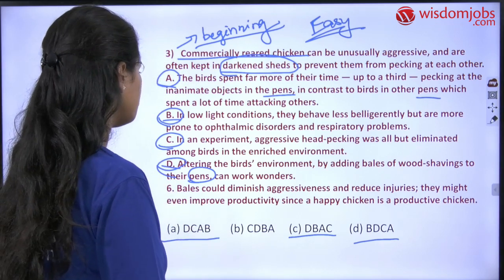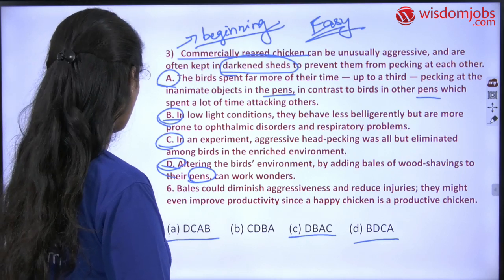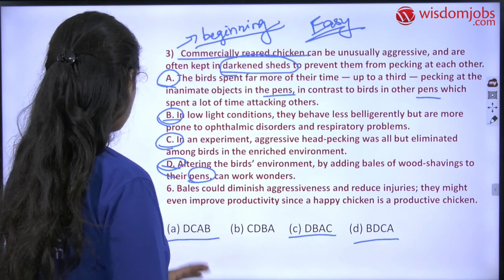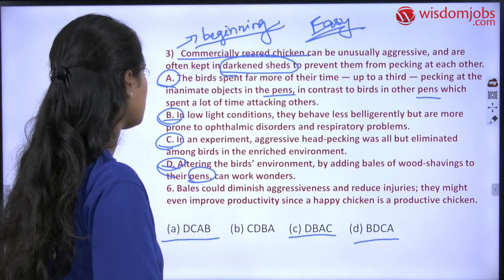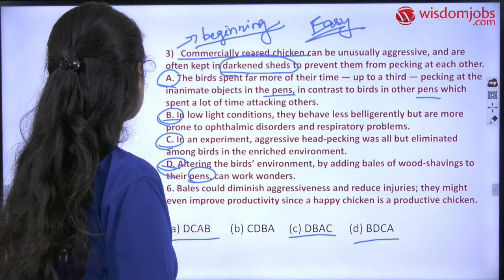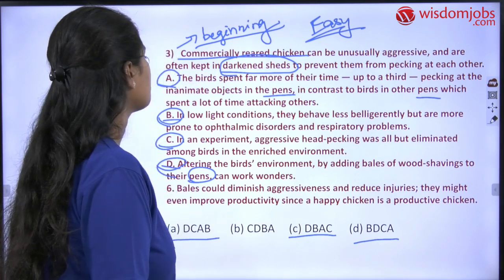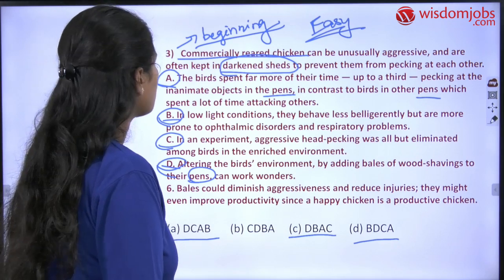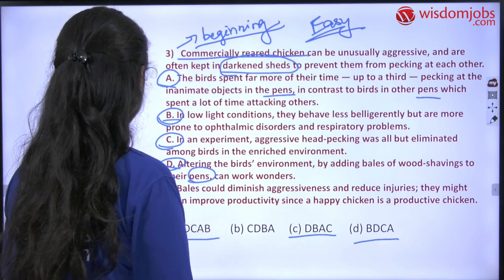Altering the bird's environment by adding bales of wood shavings to their pens can work wonders. Then C option: in an experiment, aggressive head pecking was all but eliminated among birds in the enriched environment. The birds spent far more of their time, up to a third, pecking at the inanimate objects in the pens, in contrast to birds in other pens which spent a lot of time attacking others.